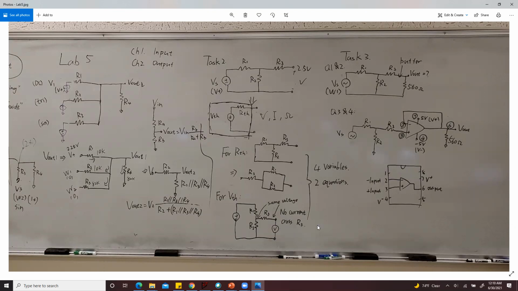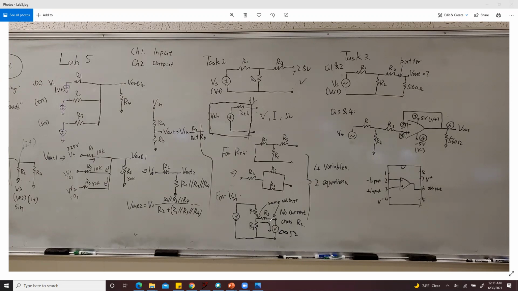And when you measure voltage, you use a voltmeter, and the voltmeter has a very large input resistance, or very large impedance. That means there is no current through this path, because it has infinite resistance, and infinite resistance means no current.